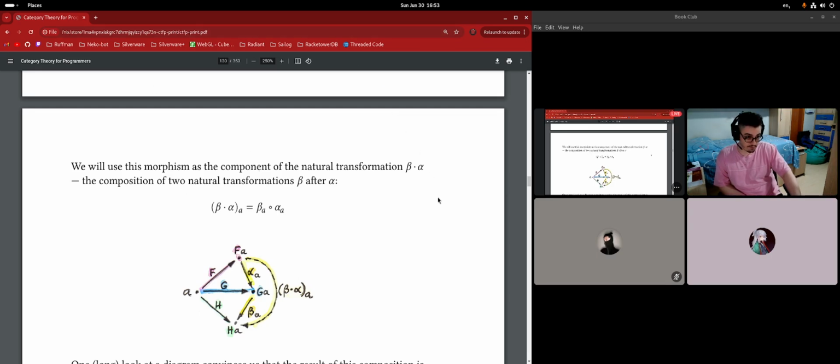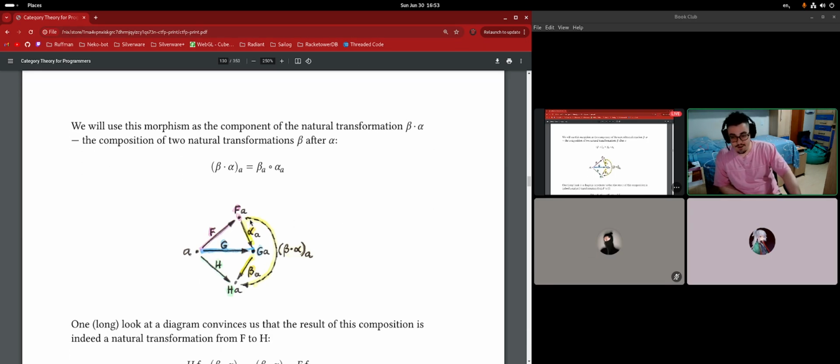So we're basically going to say that the composition of the natural transformations is the natural transformation of their composition. And here is the diagram, which is not really that crazy, and to me, I think the colors really help. If you have an A, and you go to g of A, which is basically like a normal functor, you just apply the functor g. Same thing for f, same thing for h.